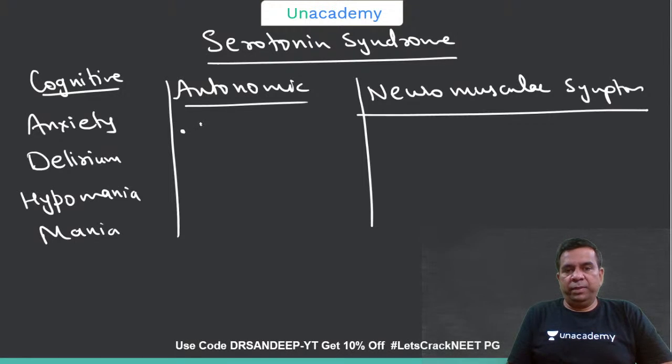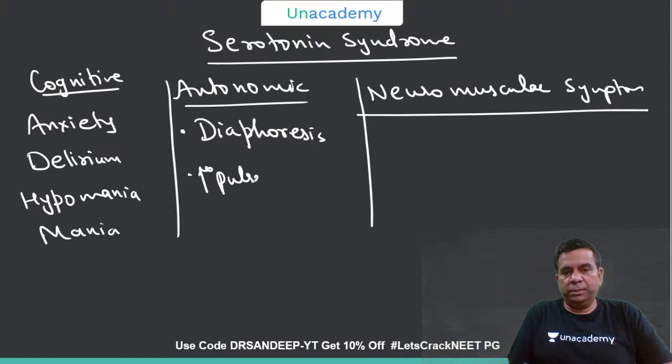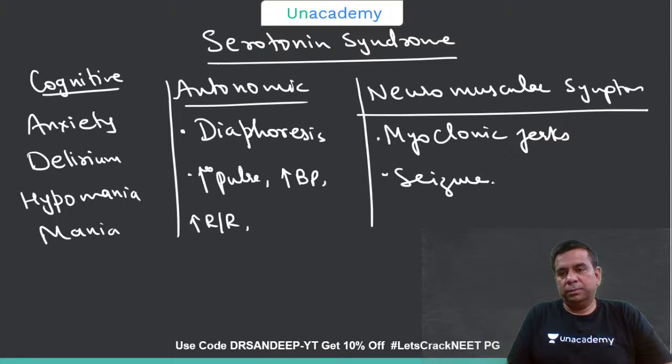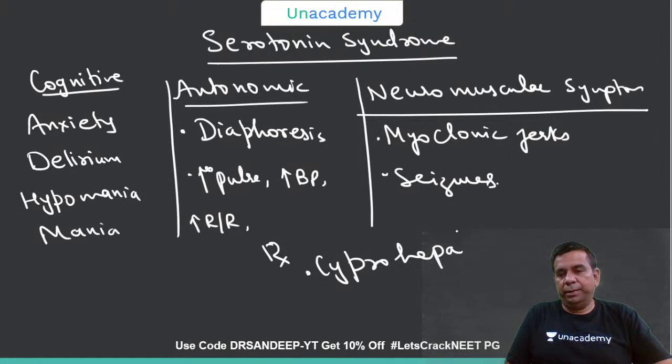In autonomic we have diaphoresis, increased sweating, increased pulse, increased BP, increased respiratory rate. Neuromuscular: myoclonic jerks. Sorry, Doctor. Seizures. Treatment of this is cyproheptadine.